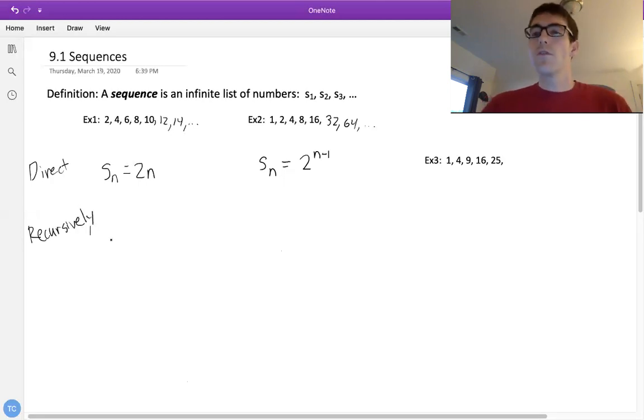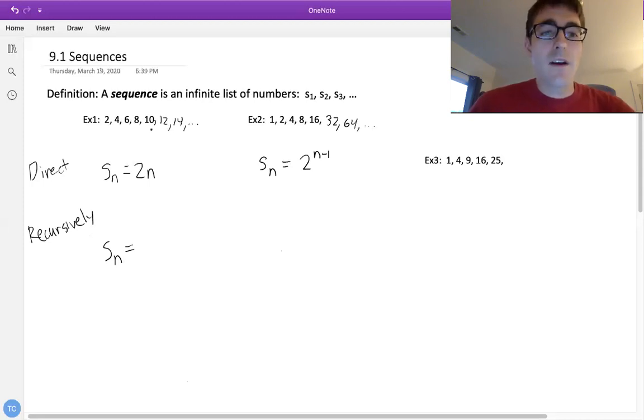So the recursive way of writing this is, we're going to say, all right, the next number should be whatever the current number is, adjusted in some way. Or more specifically, we might say that Sn, rather than being defined directly by the number n, is going to be defined by what previous terms are doing.